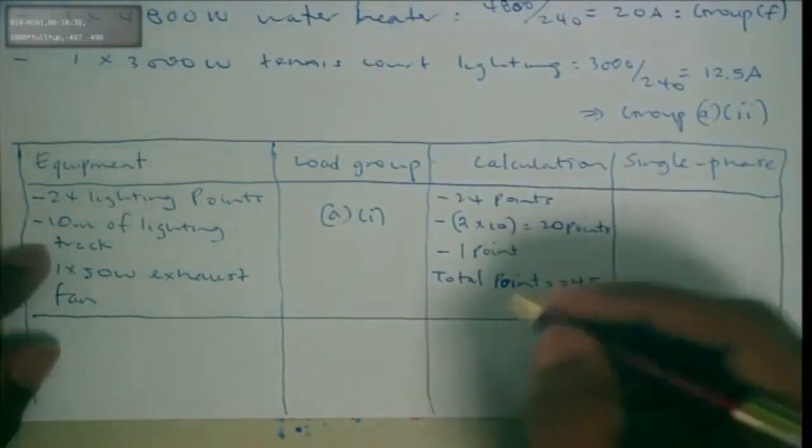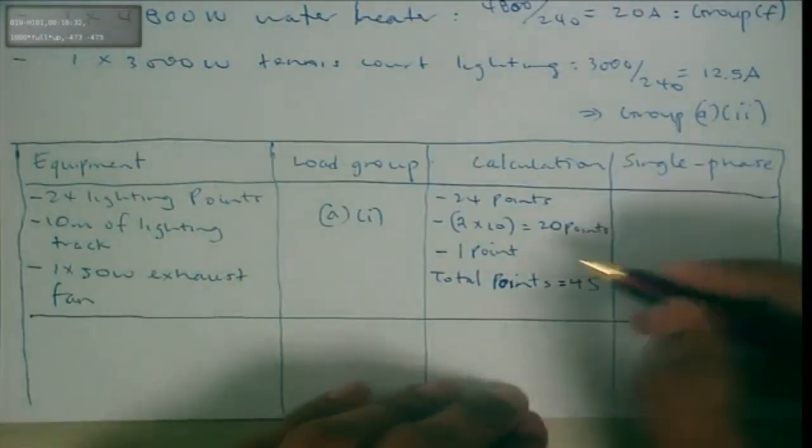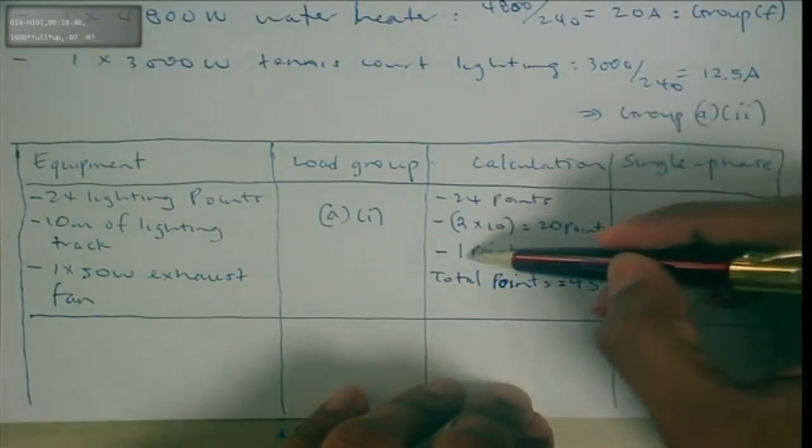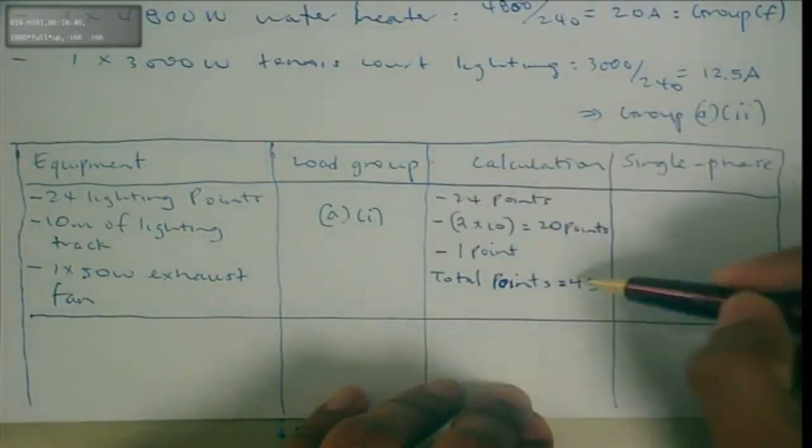Now for current, we'll be looking at this 45 value. Okay, we have done the sum, so we can just forget about this. Now just focus on 45.